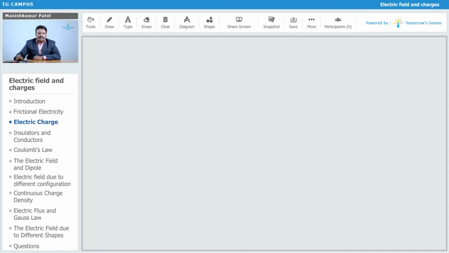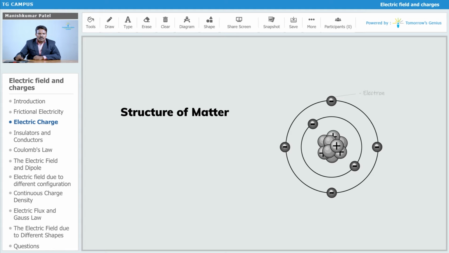The same thing you can see here in the structure of matter. We have protons and neutrons at the center, in the nucleus, and the electrons are revolving around it. Now if one electron is removed from the outermost shell, then the number of positive charges, that is protons, is more than the number of electrons.